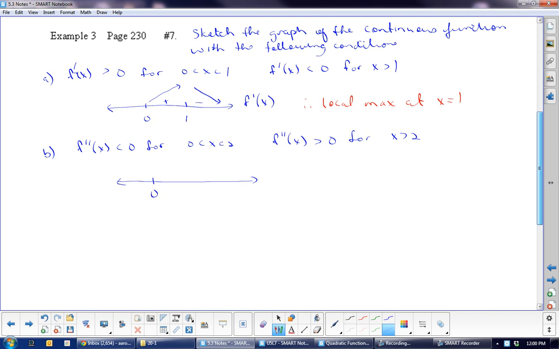Okay, so we got 0, I got 2. From 0 to 2, it is less than 0, so not happy. And from 2 on to infinity, I am positive, so I'm happy. So it's safe to say, therefore, an inflection point at x equals 2.